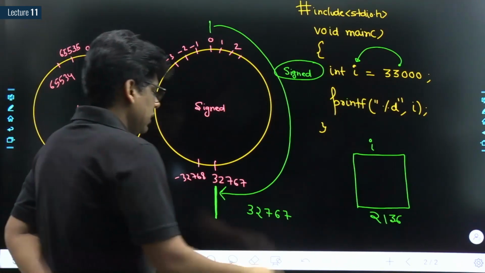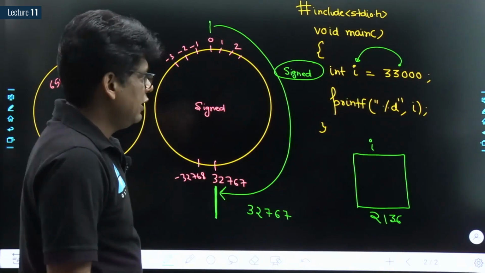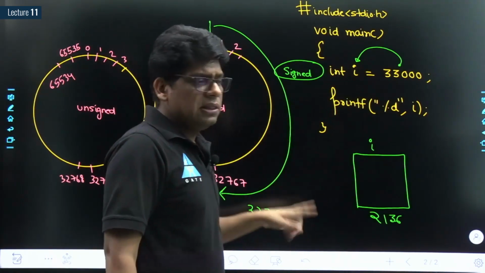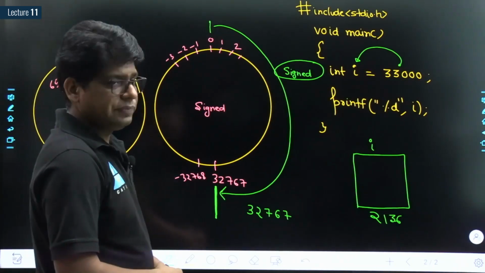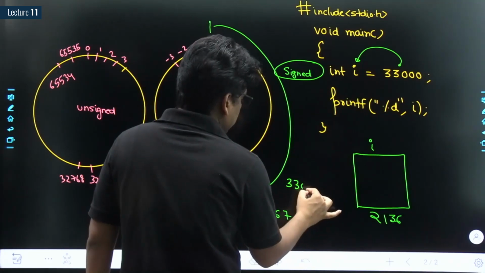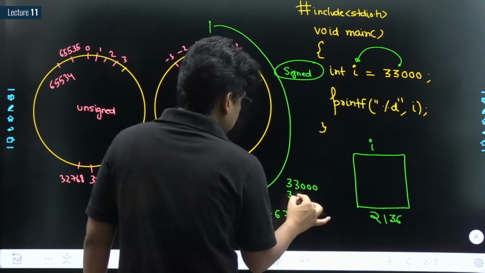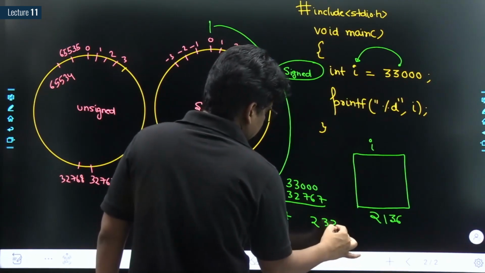But our number is more than this. How much more? Figure it out. You can subtract: 33,000 minus 32767 is 233.